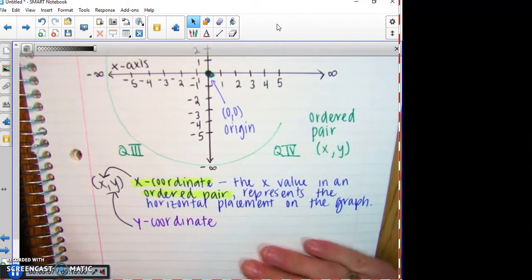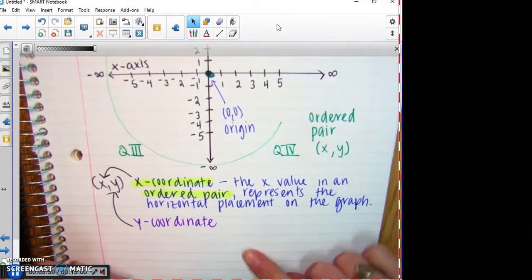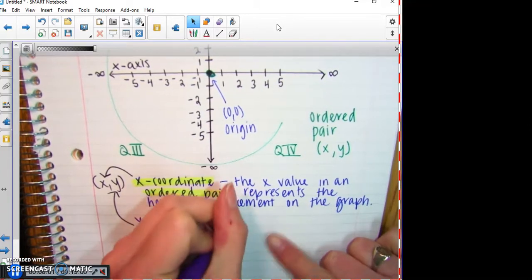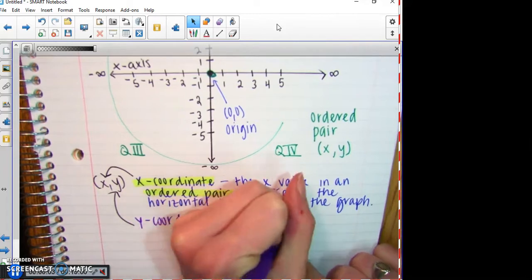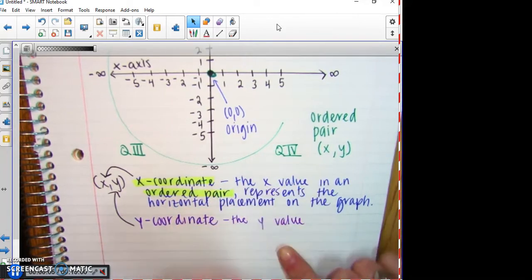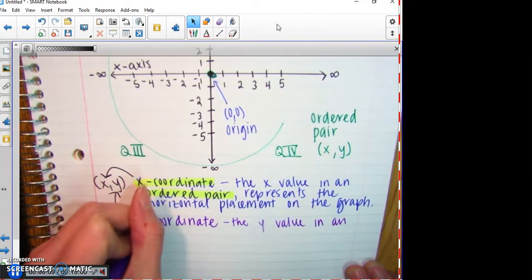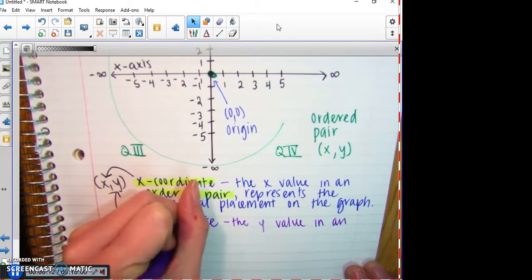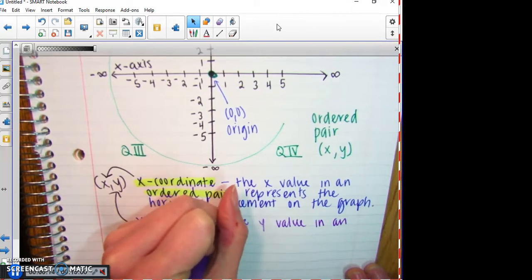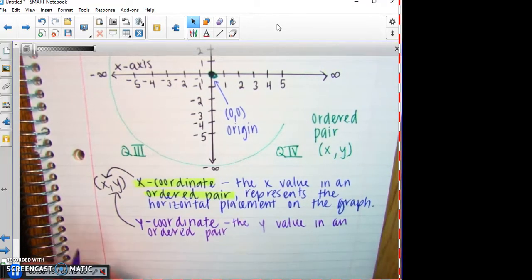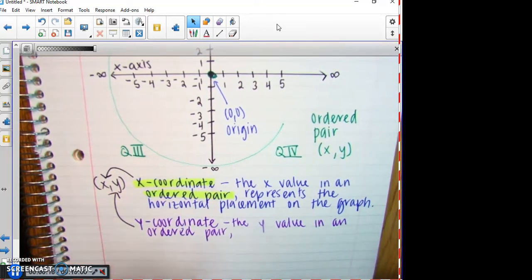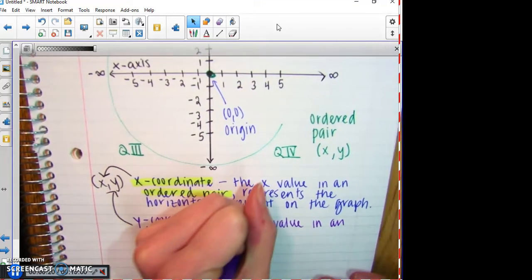Instead of being the x value in an ordered pair, this is the y value in an ordered pair, and it represents the vertical placement on the graph.